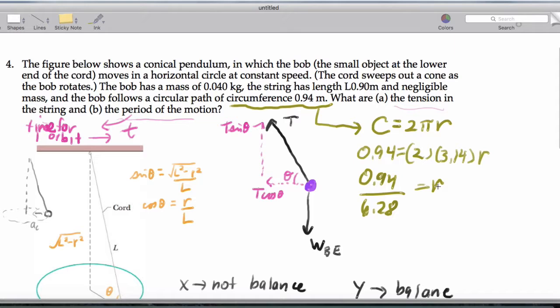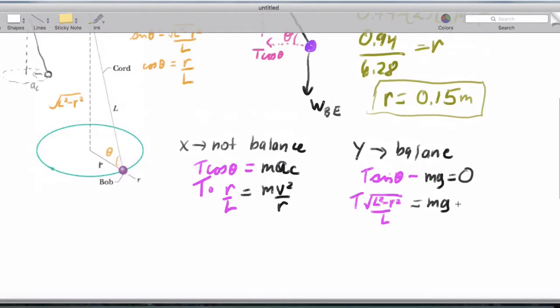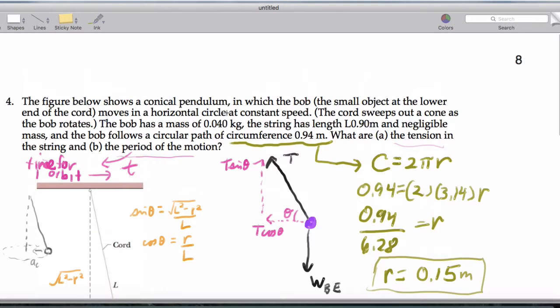All right, so let's get that radius. Okay, 0.94 divided by 6.28. That gives me 0.15 meters. Look at that. That's our radius. That's our story. We're sticking to it. So I'm going to use that here. And did they give me L? L is 0.9 meters.